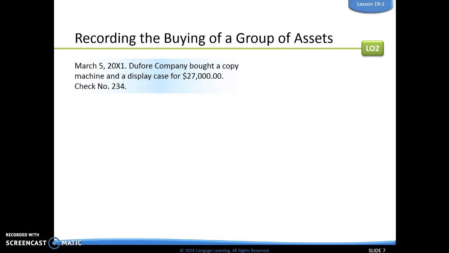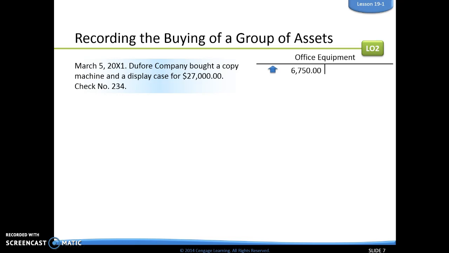It says on March 5th, Dufour Company bought a copy machine and a display case for $27,000, check number 234. When we were recording this, we can't record this simply as equipment for $27,000 because we have 2 different pieces of equipment in there. That's why we had to figure out how much goes to each piece of equipment.